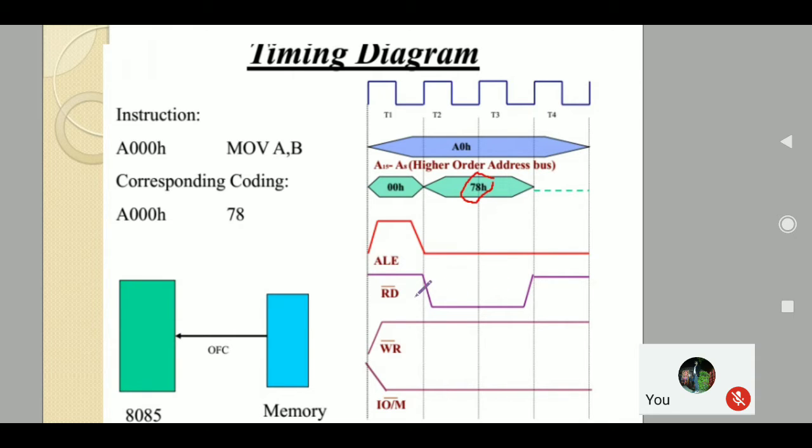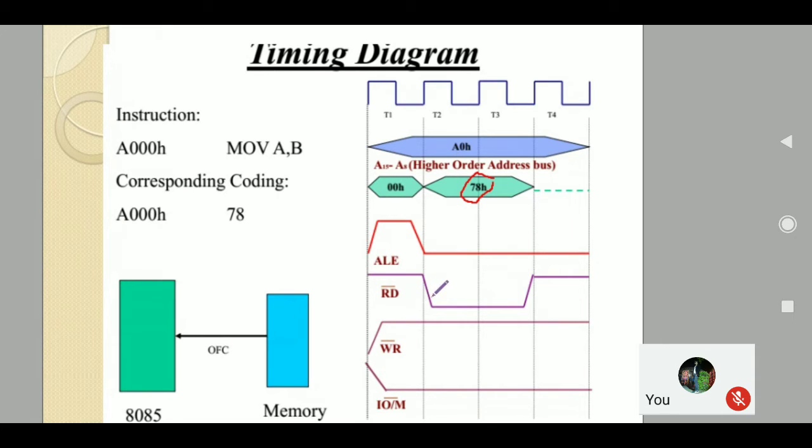Because when this opcode is fetched, we have to read. For reading, what is the meaning of RD bar? RD bar means if it is 1, it has to be 0; it is just the opposite. Negation means just the opposite of whatever I'm saying.